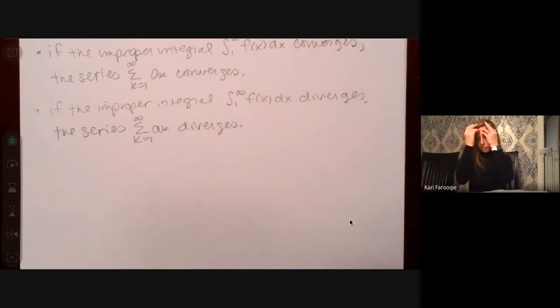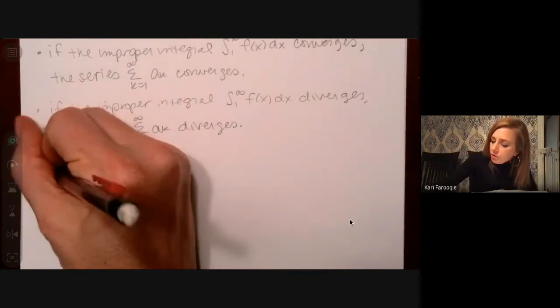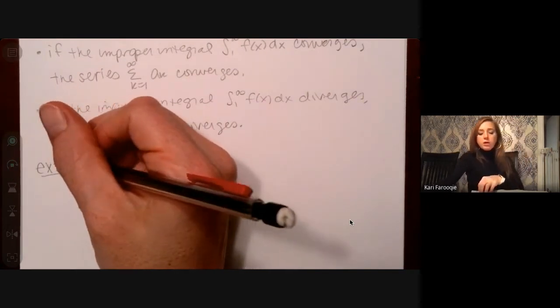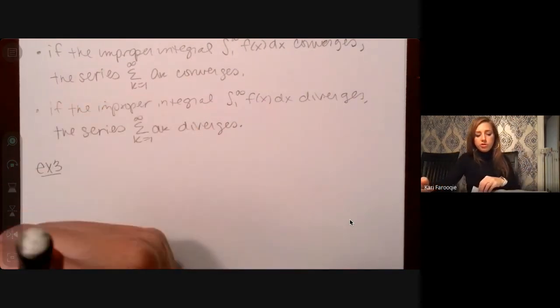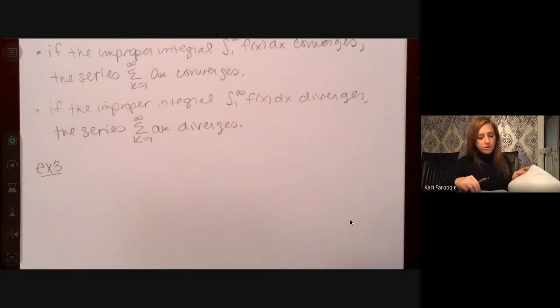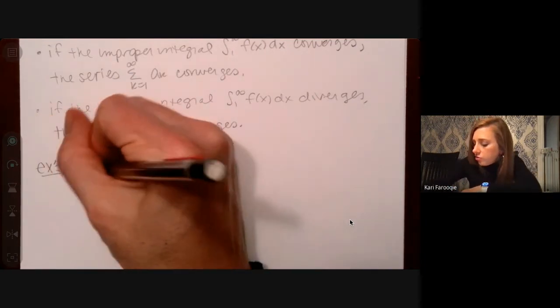Wonderful. So that's how the integral test is going to work. I'm going to show you some examples now of how we're going to use it. Your first example, I believe we're on example 3. I'm going to try to write your directions the same as the ones in your book. Use the integral test to determine whether the series converges or diverges.